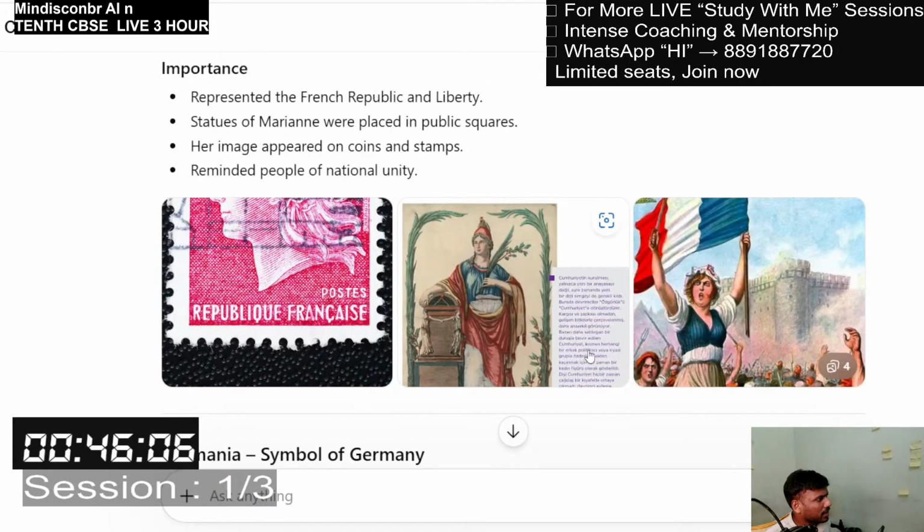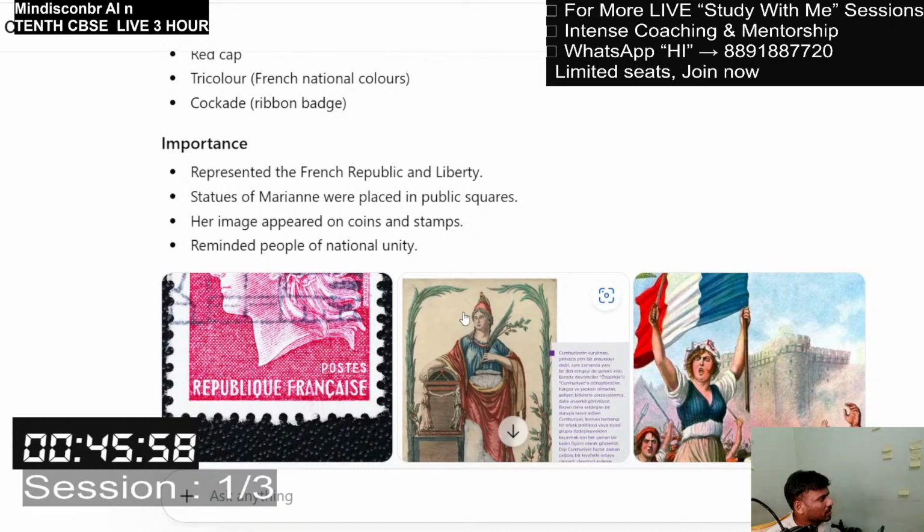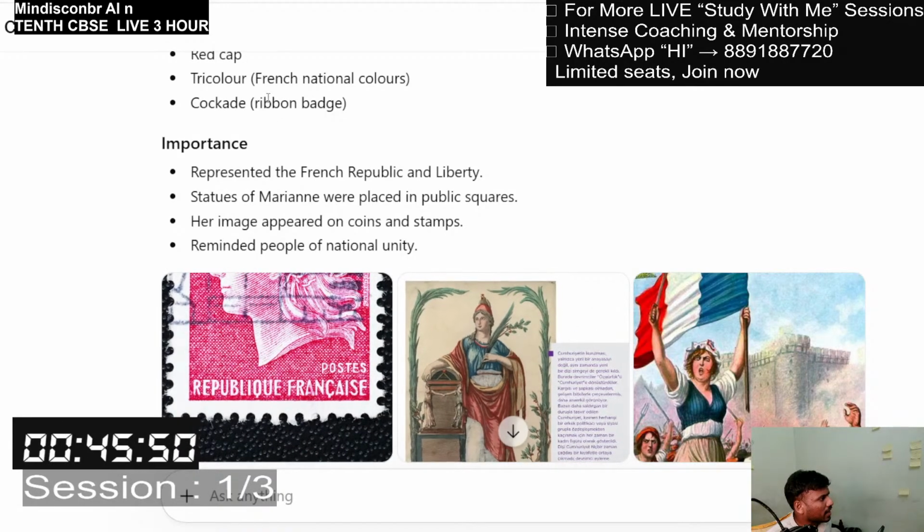This is Marianne. She wears a red cap and has a tricolor French national flag in her hands.